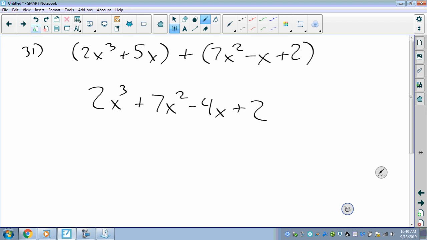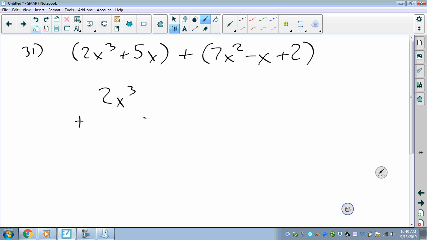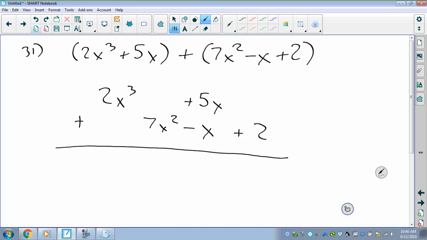Now listen, if you line this up vertically, you'd probably want to spread it out something like this, yes?